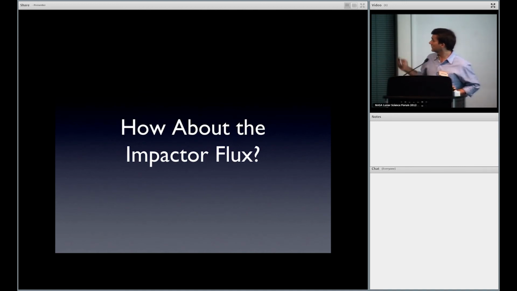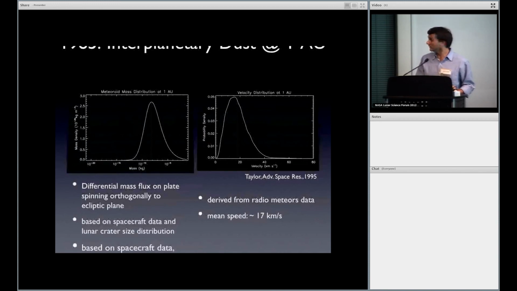Okay, so how much do we know about the impact flux? We absolutely have to know how much micrometeorite material is falling onto the moon in order to do this job. This is mostly based on, I'm sorry for this slide, it didn't transfer very well, measurements of micrometeorite influx from previous spacecraft data, and also, interesting to note, on the crater distribution measured from samples brought back from the lunar surface.